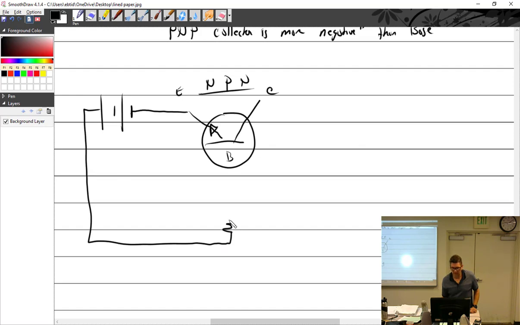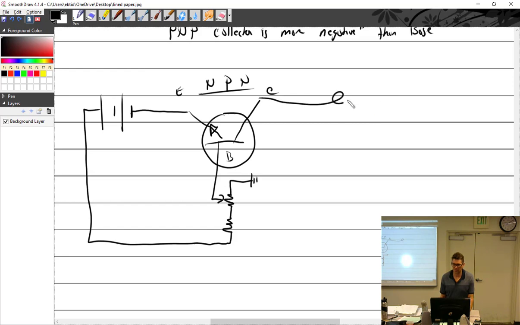And this comes down here and goes to right there. So variable resistor. Sounds good. All right. And then this can go down to my load. Actually, let's not do that.